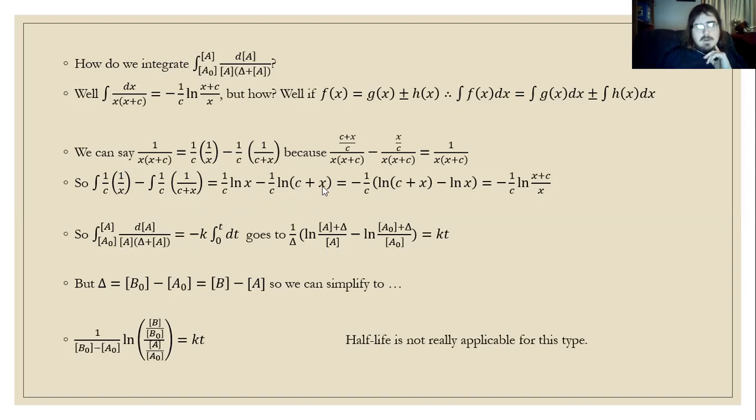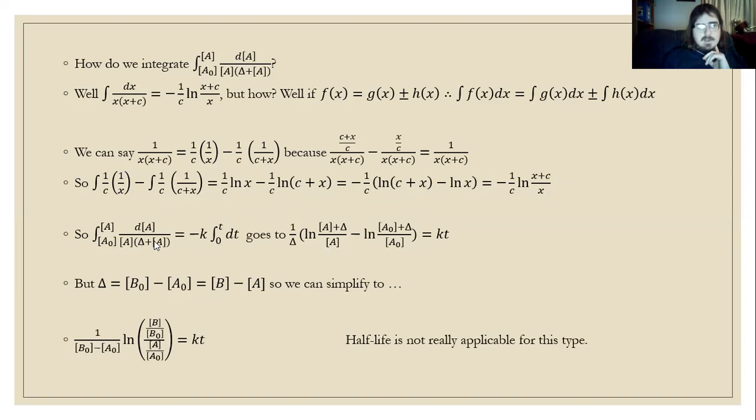So all that's well and good. In fact, we can combine them, so ln x minus ln (c plus x) becomes the integral of ln of x over (x plus c).